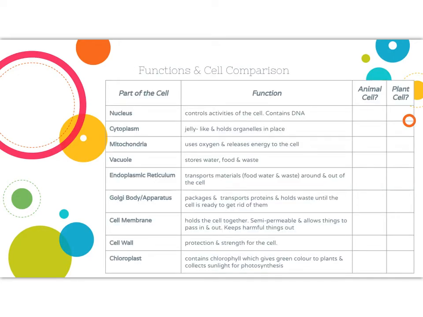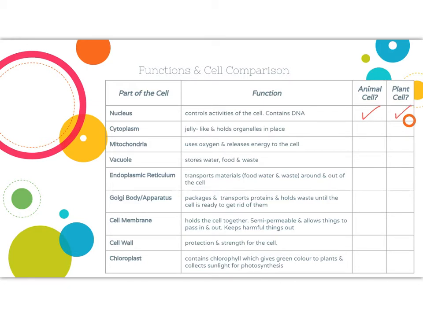All right. So here's where we can go through the different functions of each of these. Like I said, the nucleus controls activities within the cell, and it contains the DNA of the cell. Do animal cells have a nucleus? Yes. And do plant cells have a nucleus? Yes.